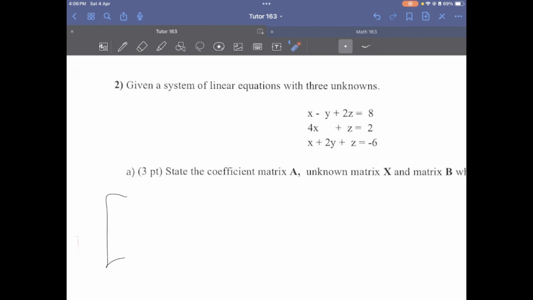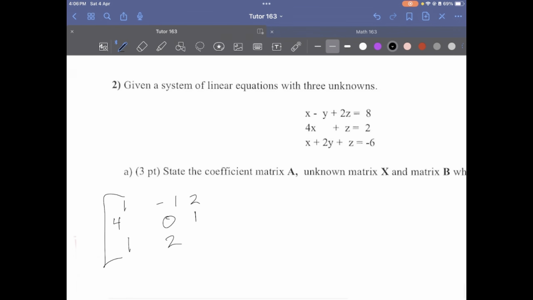The coefficient of X is 1, coefficient of Y is -1, coefficient of Z is 2. So 1, -1, 2. Coefficient of X in the next one is 4. Coefficient of Y is 0, because you see it's not here, so it's 0. And then the coefficient of Z is 1. Coefficient of X is 1, coefficient of Y is 2, coefficient of Z is 1. 1, 2, 1.